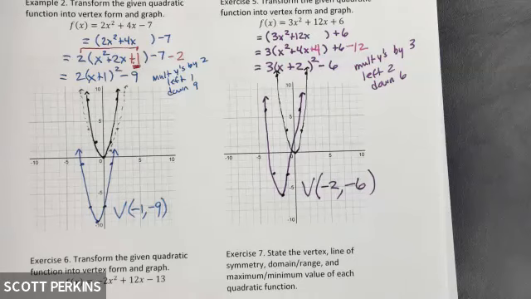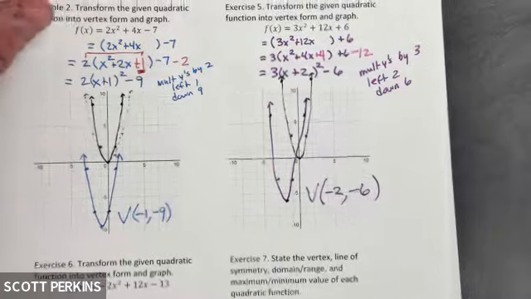All right, one more that you're going to do the full thing for me. So exercise 6, be careful of that negative. Okay. I know you can do it, though.